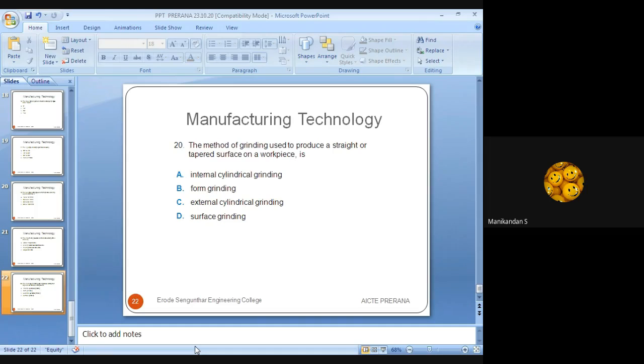Next one. The method of grinding used to produce a straight or tapered surface on a workpiece is: internal cylindrical grinding, form grinding, external cylindrical grinding, or surface grinding.